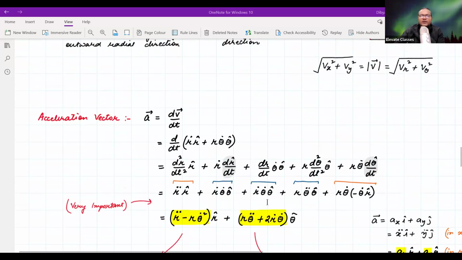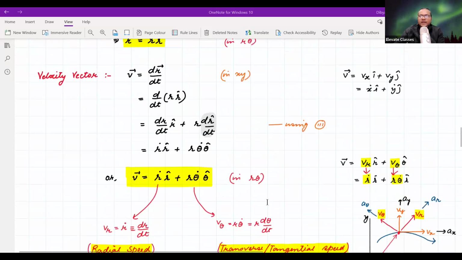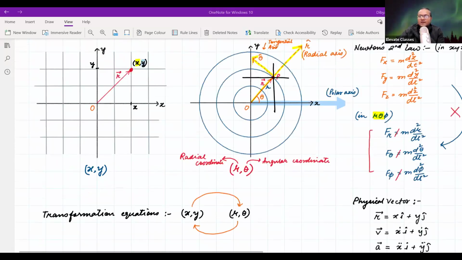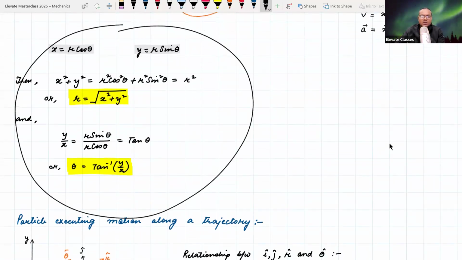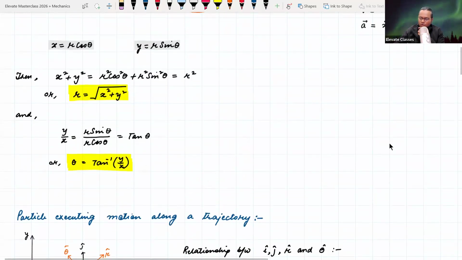Yeah. Any doubt till this point? It was a long derivation, but I hope that you will take the conclusion seriously. Keep in mind that you need to remember the transformation equations of the coordinates.